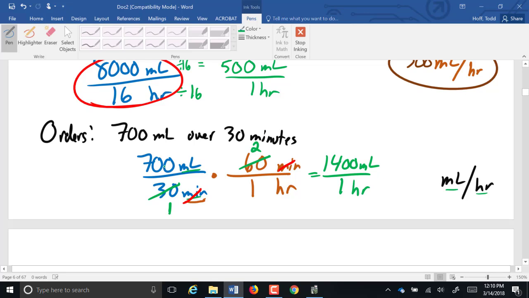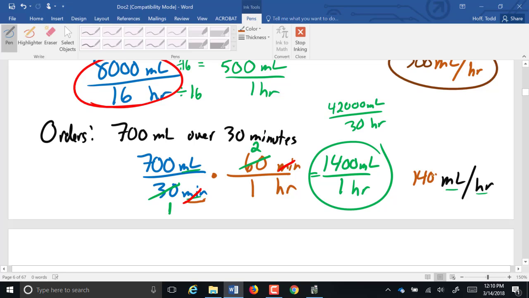If you had done it the other way, you would have 700 times 60 would be 42,000 milliliters over 30 times 1 hour is 30 hours. And then you would divide that out. It would still come out to be 1,400 milliliters in 1 hour. So our flow rate is 1,400 milliliters per hour.